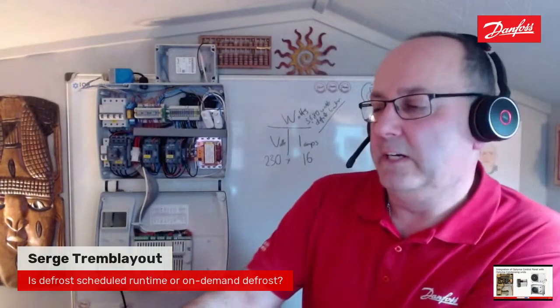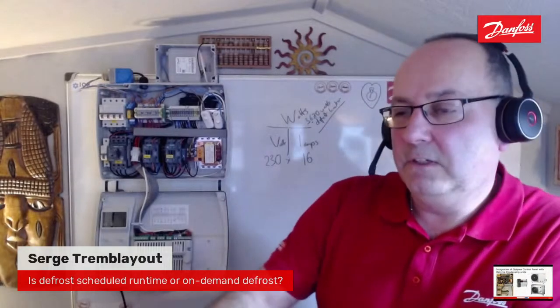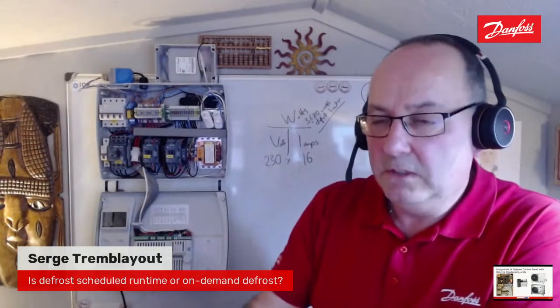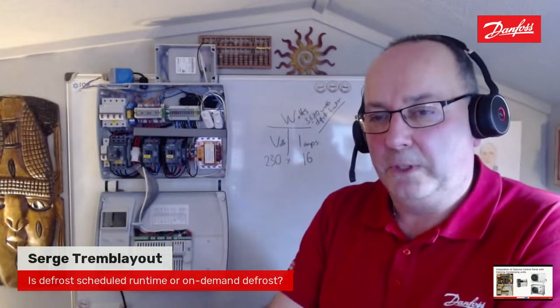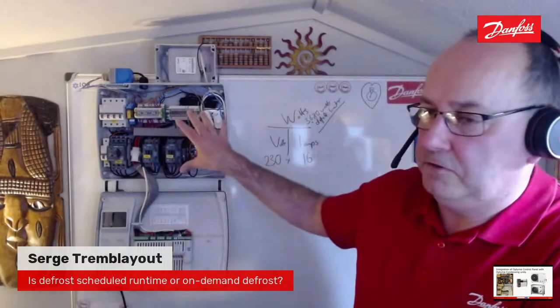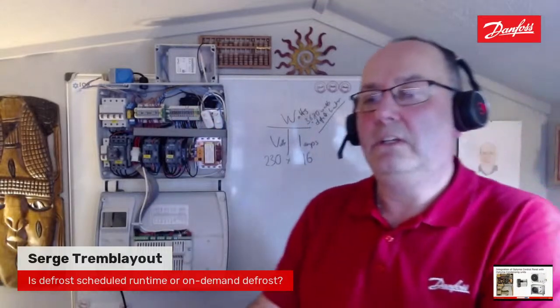If it was a true defrost on demand, then it would only defrost when it needs it, and it measures the air on, air off, liquid temperature, suction temperature on the evaporator with a little bit more functionality built in. So we've got to be careful of that sort of term defrost on demand, because it can be misconstrued a little bit. But within here, there is smart defrost functionality, but it's not as clever as a full defrost on demand system.